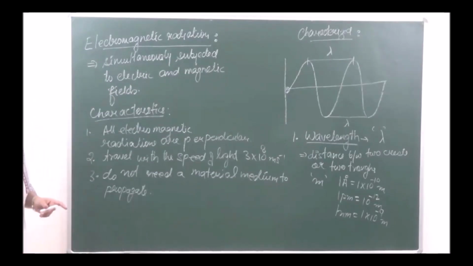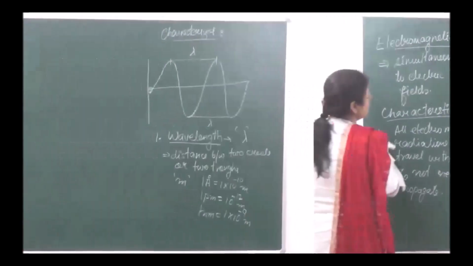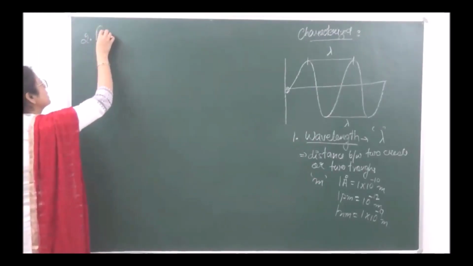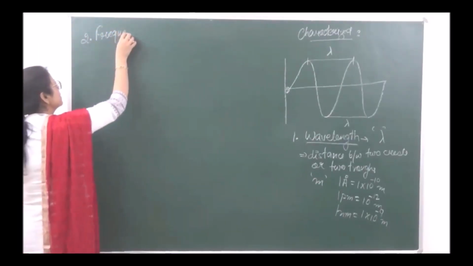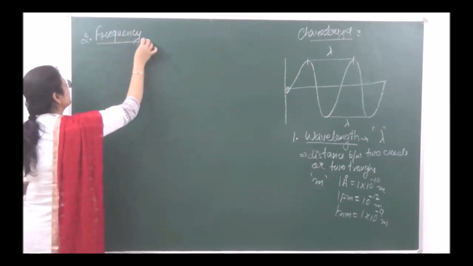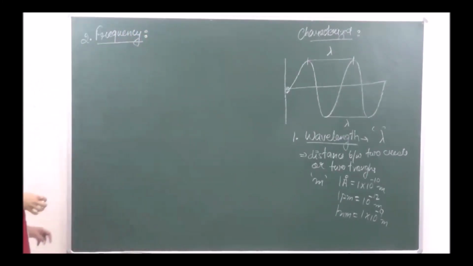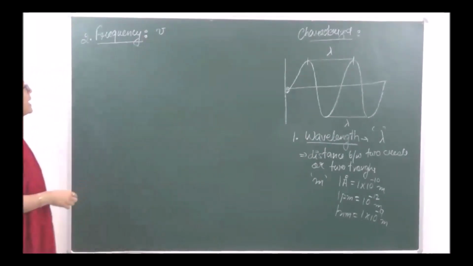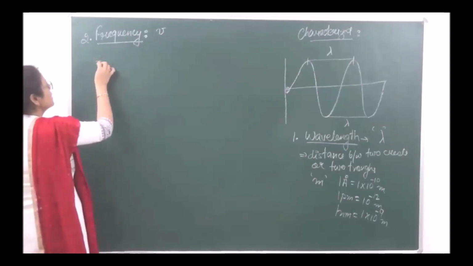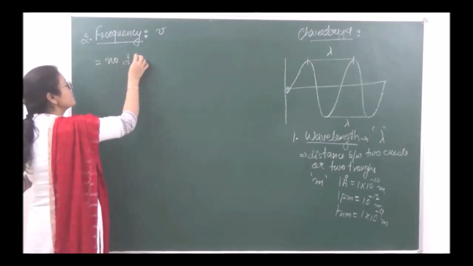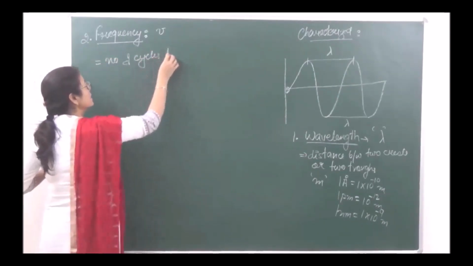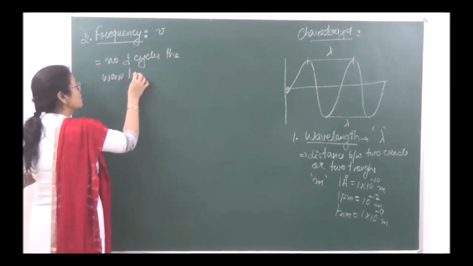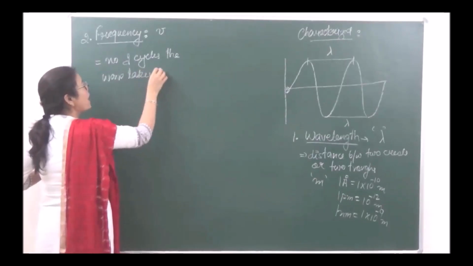Then the second characteristic is frequency. Frequency is denoted by nu, and frequency is the number of cycles the wave takes in 1 second.